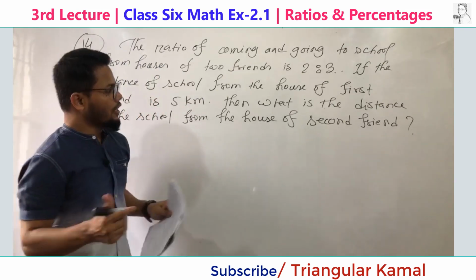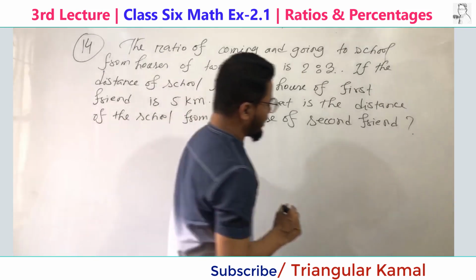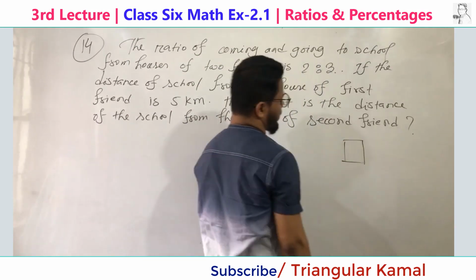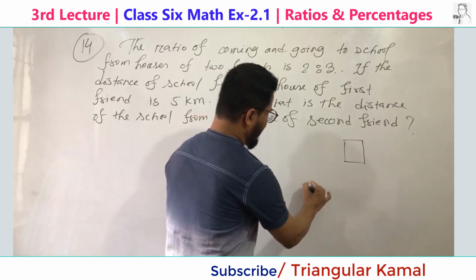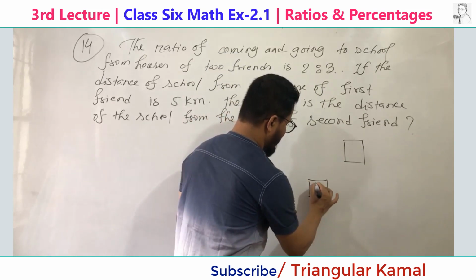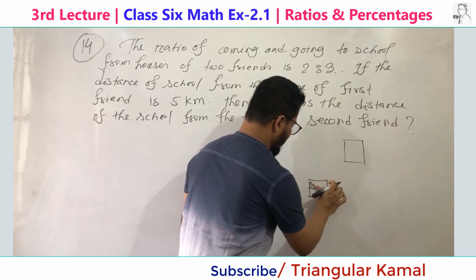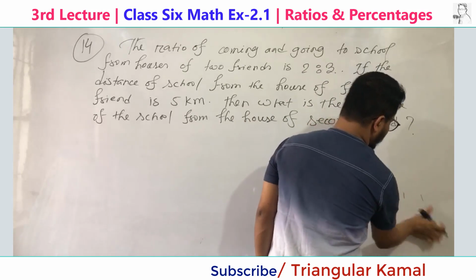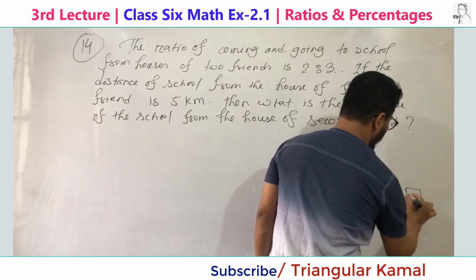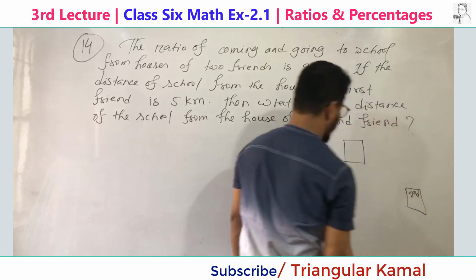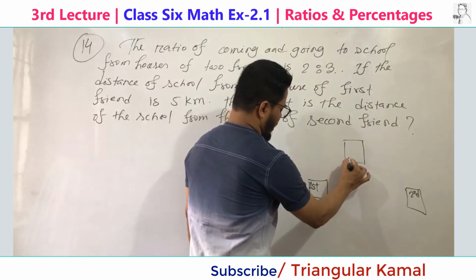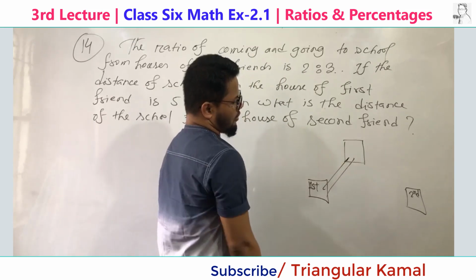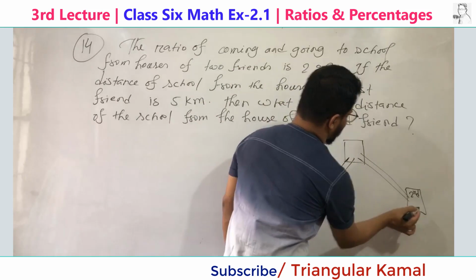Thank you. So, if we consider this one is our school, and this is the house of first friend, and this is the house of second friend. Their distance coming and going, and here is also the distance.